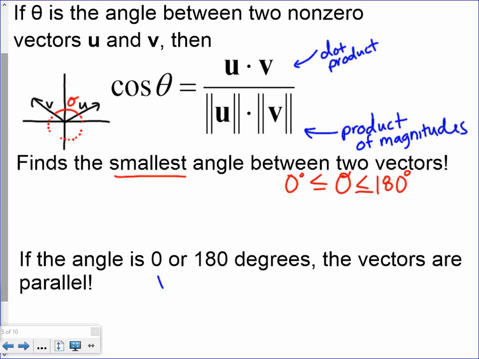If the answer is 0, then the vectors are going in the same direction, parallel and same direction. If the answer for theta would be 180 degrees, then they're parallel, but they're going in opposite directions. Okay, so just something to think about there if you get a 0 or a 180.